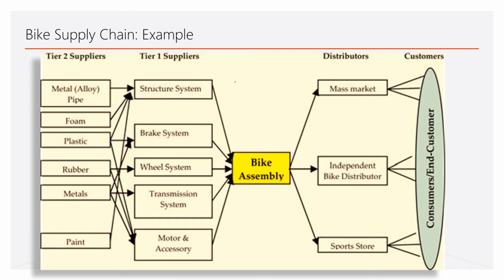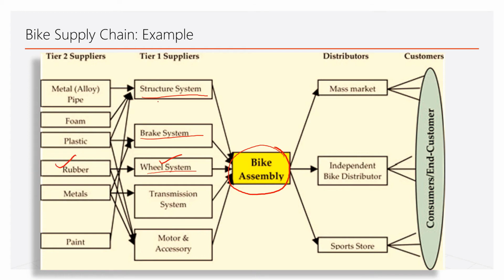Now, I'm giving you a brief example regarding a bicycle supply chain. Here we are assembling a bike. From the first tier of suppliers, we are getting the structure of the bike, brake systems, and wheels. For this particular supplier, which needs rubber, they are getting it from another supplier.